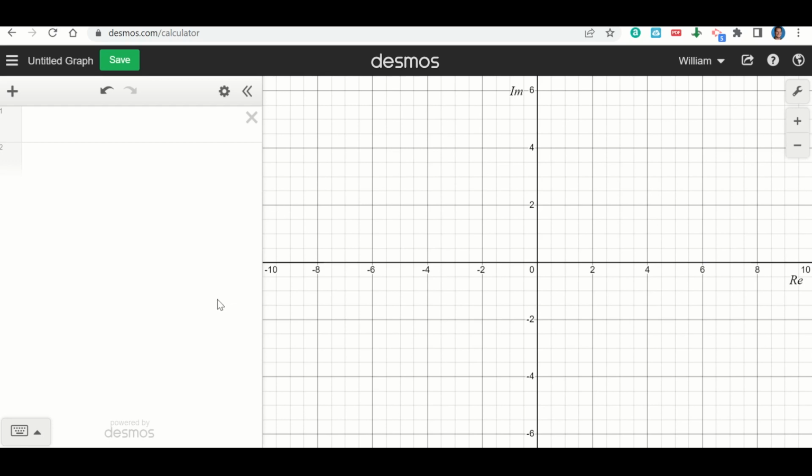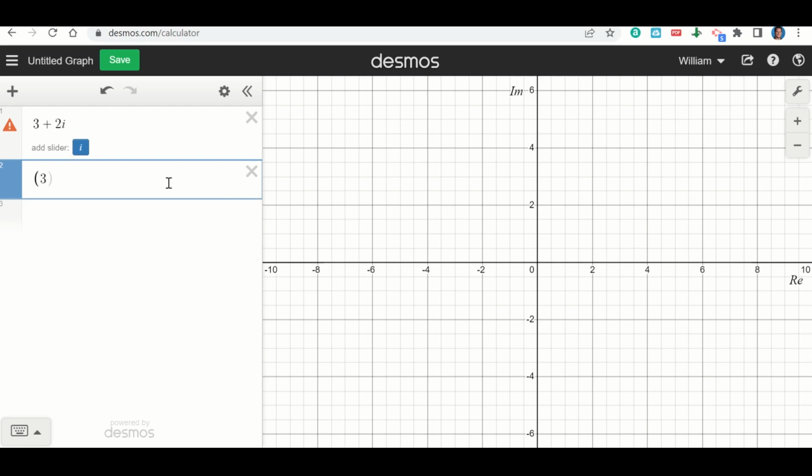Now let's say we were trying to plot the point 3 plus 2i. Well, we're going to treat the first number, the real number, as our x, and the imaginary number, the number in front of the i, as our y. So we'd put it in parentheses.